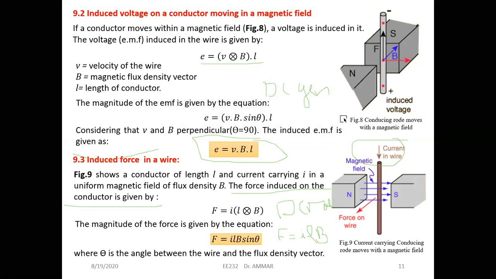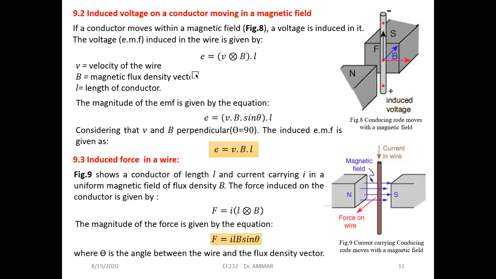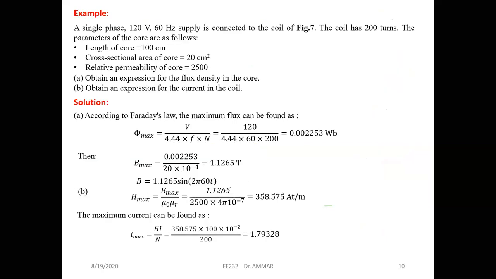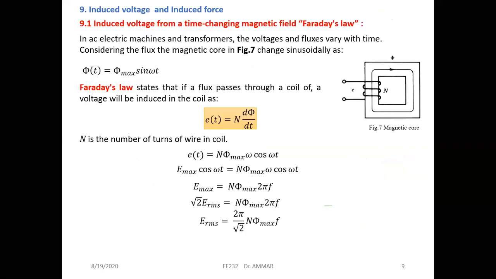Okay, so let's repeat those 3 points quickly, in this presentation. I think we only have 5 minutes to end the presentation. The last element in this presentation is the induced force and voltage. So we can induce voltage in the magnetic circuit in 2 ways.